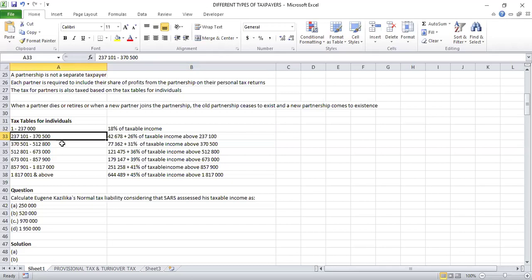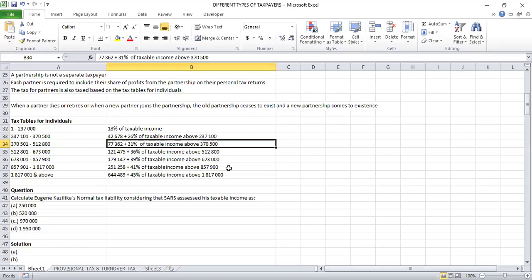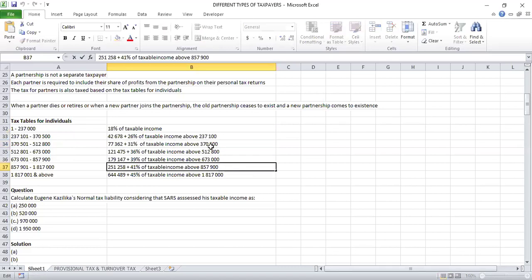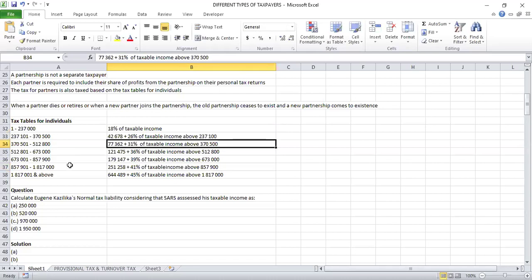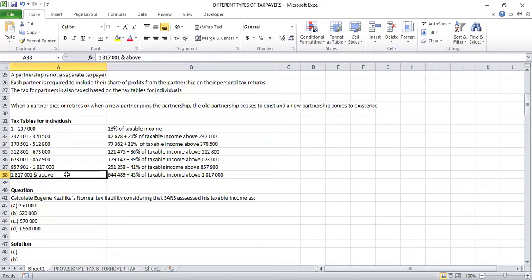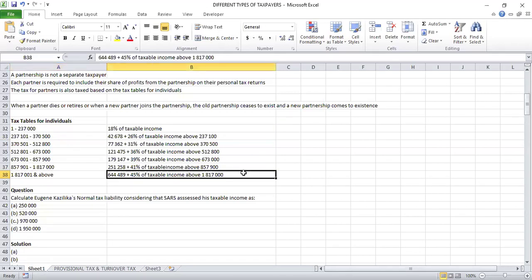From 370,501 up to 512,800, you'd pay 77,362 plus 31% of taxable income above 370,500. On and on, until someone who earns more than 1,817,000 will pay 644,489 plus 45% of taxable income above 1,817,000.